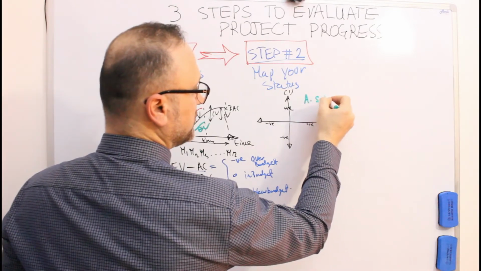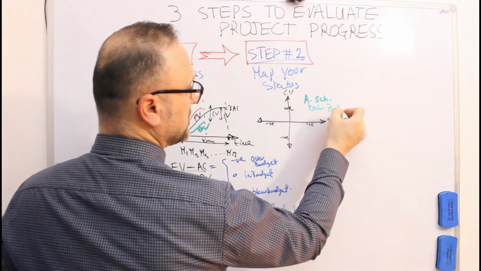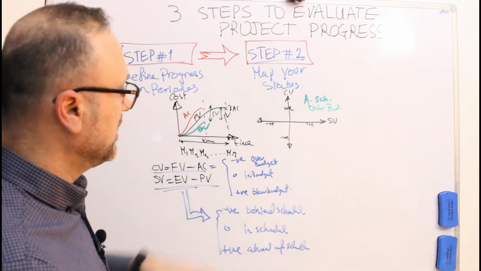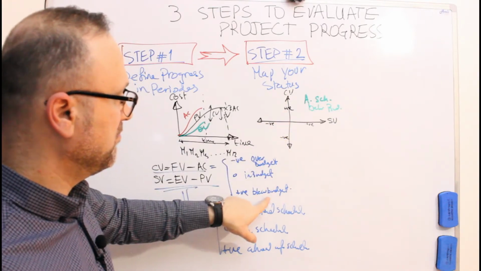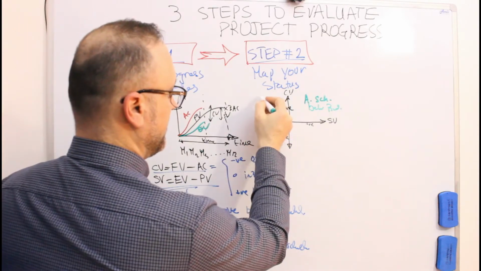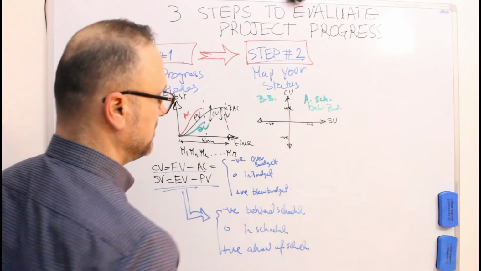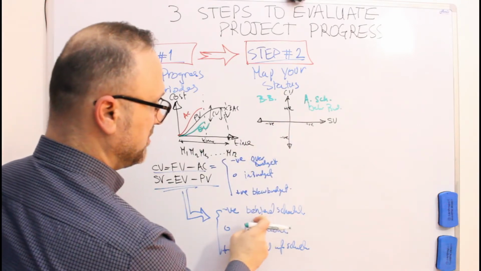Ahead of schedule and below budget. Here, cost is positive, below budget, and schedule is negative, so it is behind schedule.